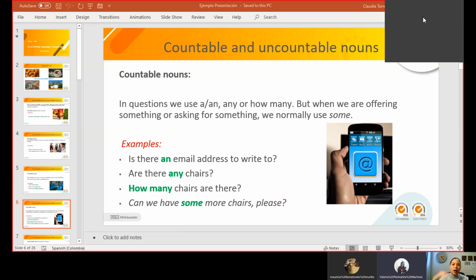Can you please turn up the volume of your computer, please? Mauricio, can you hear me? I don't think so. It's too low. Can you please turn up the volume of your computer, please?